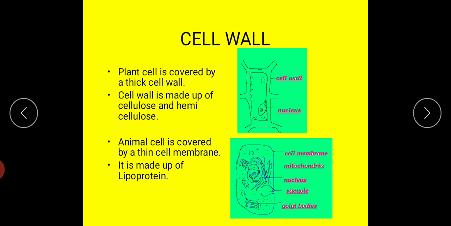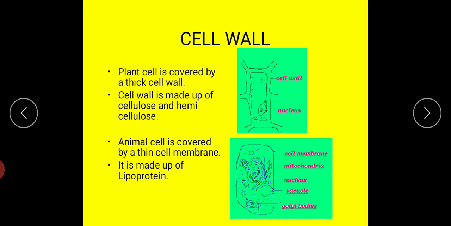The cell wall protects the cell from mechanical injury. As plants are mostly exposed to all the atmospheric conditions like sunlight, rain and cold, they are provided with this cell wall for protection.